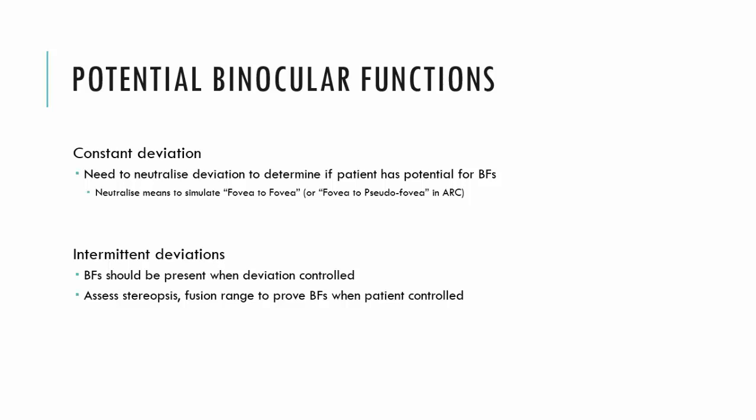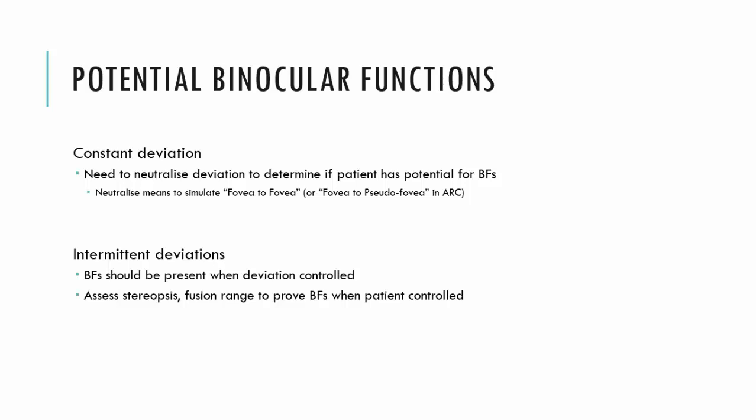The other thing to note about intermittent deviations is generally, as compared to a constant, we know that these patients should have binocular functions. If we take an intermittent exo as an example, generally what this means is that they at times have an exophoria, which means this is the time that they have binocular functions, versus times when they have an exotropia.